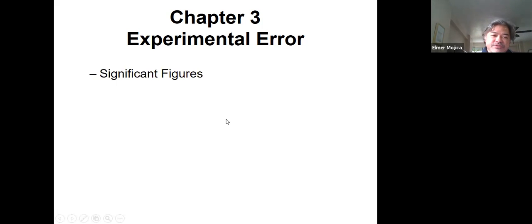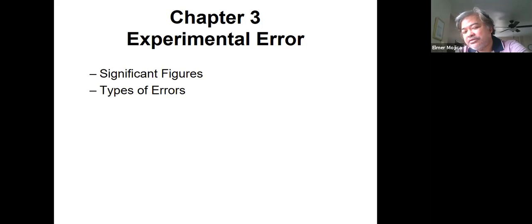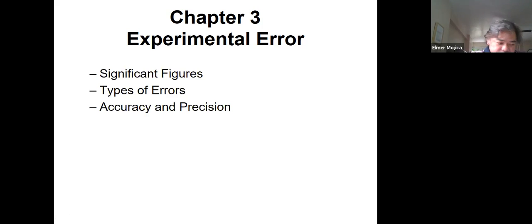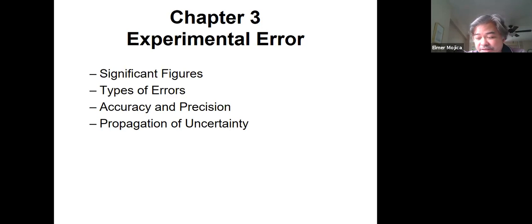Okay, so today we're going to talk, or maybe have a review of these significant figures. We're going to discuss the different types of errors. We're going to discuss accuracy and precision. And last, we're going to discuss propagation of uncertainty. Okay?